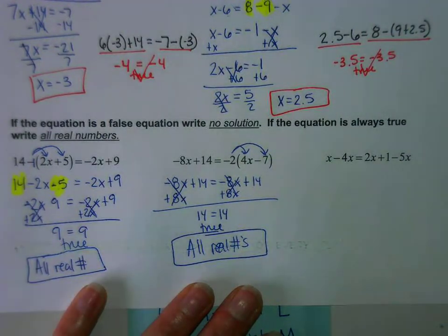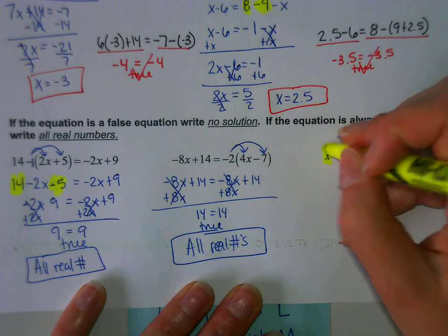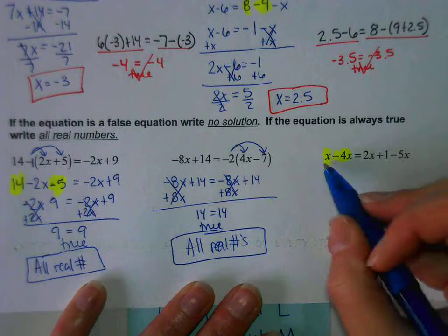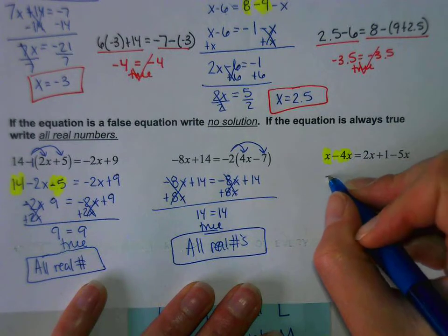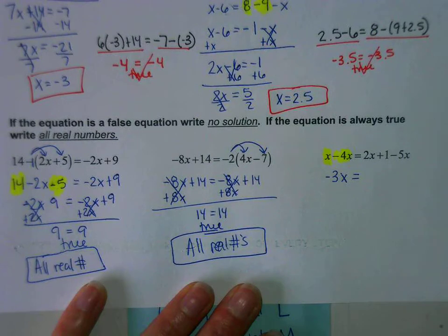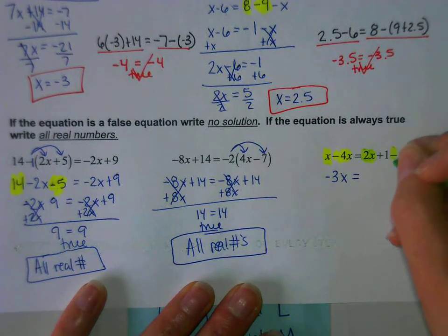Next problem, there's nothing to distribute. However, I have like terms on my left-hand side. So if I do 1x minus 4x, I'm left with a negative 3x. And I also have like terms on my right side. I have a 2x and a negative 5x.